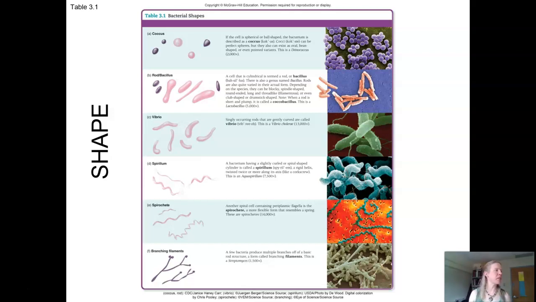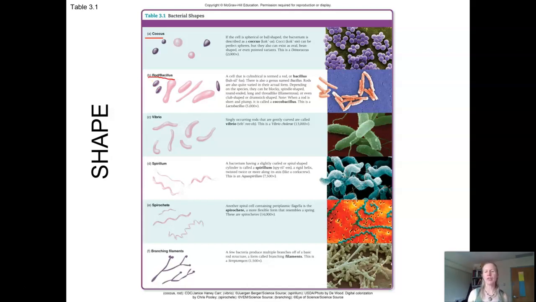But a few things to keep in mind. Some bacteria are going to be spherical in shape. This is review from 111. A coccus is a spherical bacteria, or cocci is plural. Then we move on, and again, this is one you probably heard in Gen Bio, the bacillus.